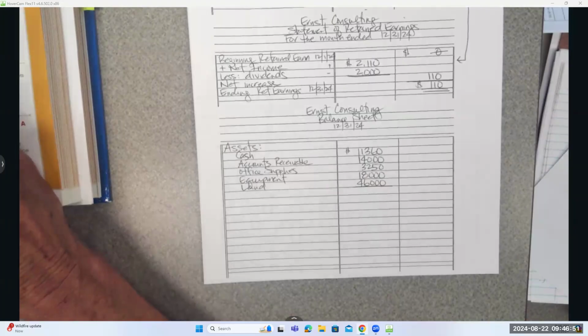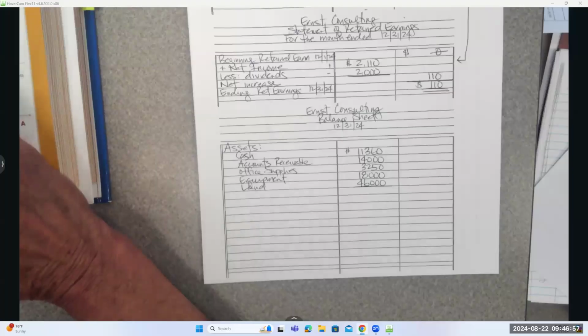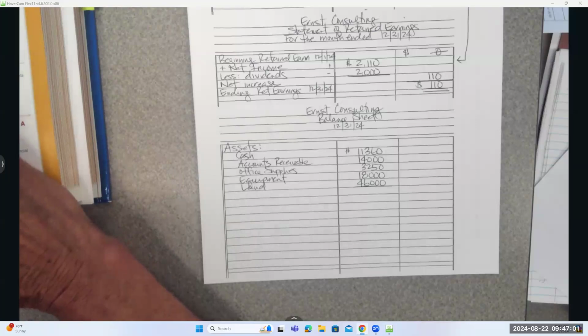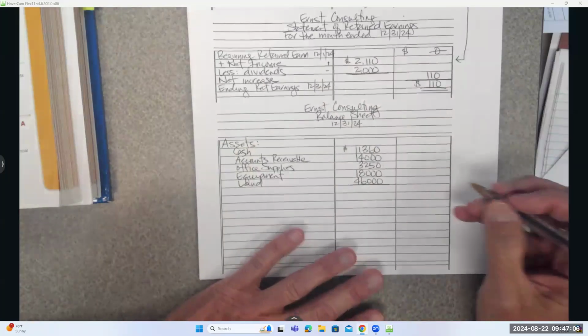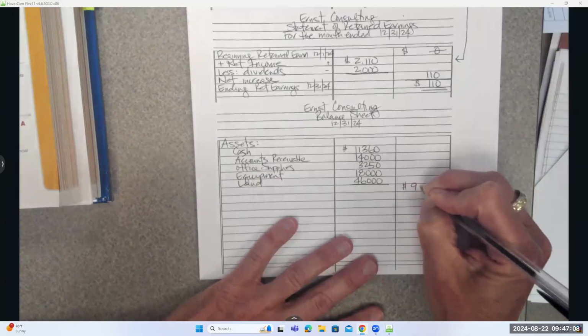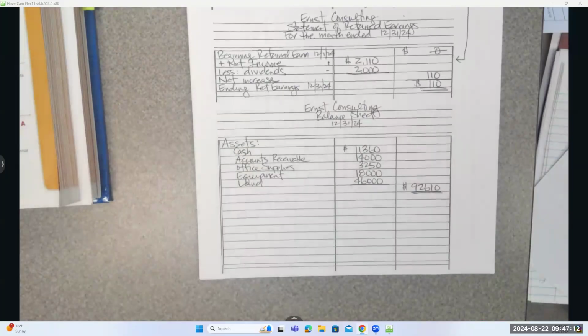The next account listed is accounts payable, which is not an asset. So let's total these up. $92,610. And double underline that.